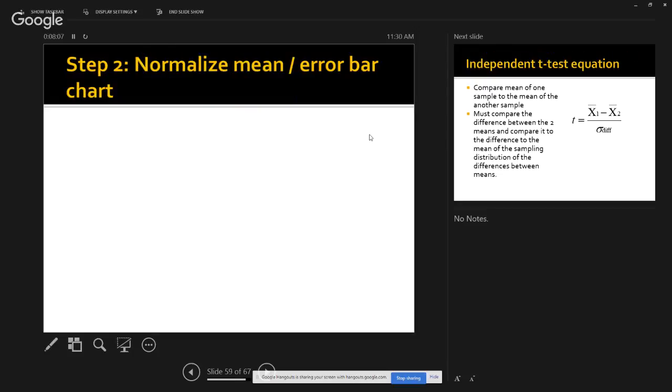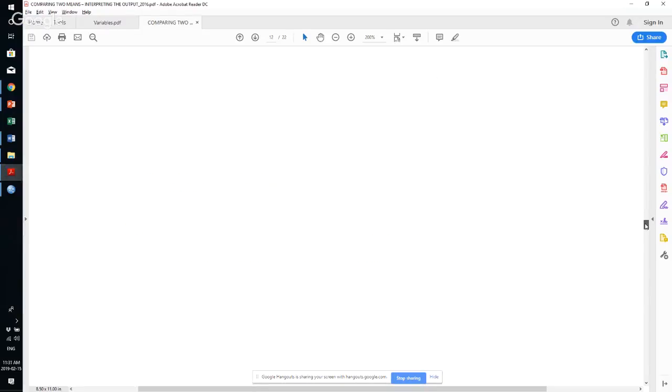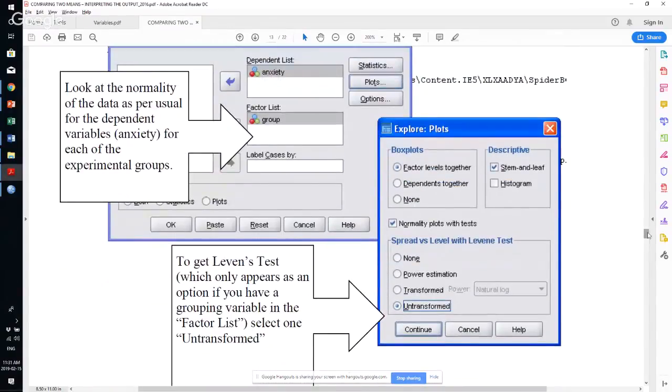So we explore the data. I'm going to skip some; you can look at some of this yourself. The only difference is when you do Explore with 2 groups, you put your outcome variable in the dependent list, and you put your grouping variable in the factor box. Then I pick normality plots.